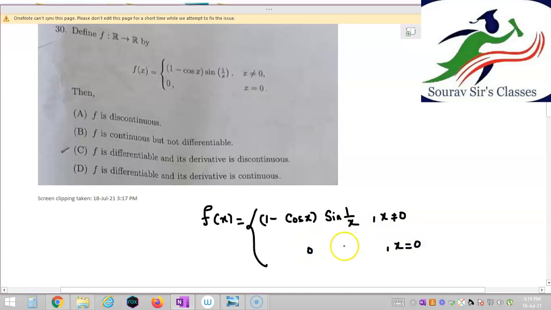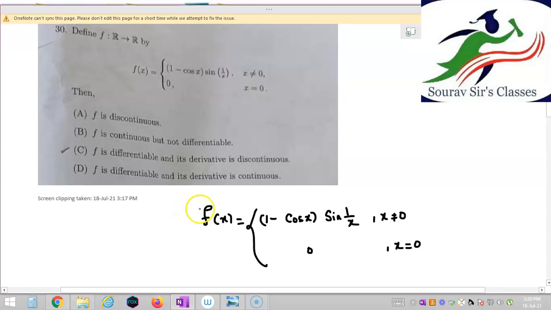Okay students, option A says that f is discontinuous, option B says that f is continuous but not differentiable, option C says that f is differentiable and its derivative is discontinuous, option D says that f is differentiable and its derivative is continuous. So we have to find out the correct option.